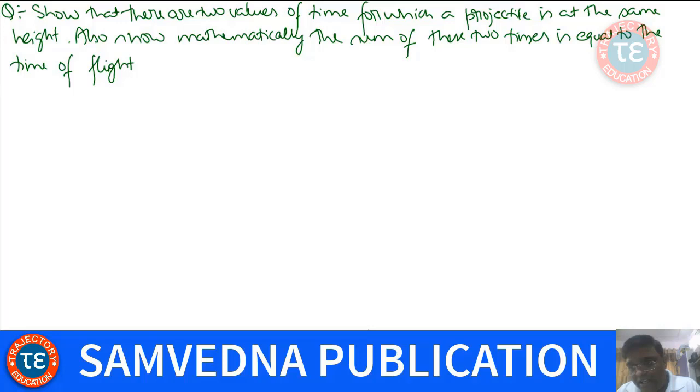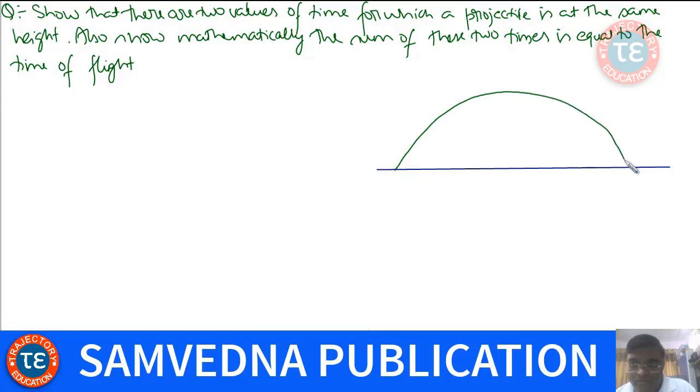See what the question is saying, that if you have a projectile, suppose this is a projectile motion, then suppose this is the velocity of projection V0.